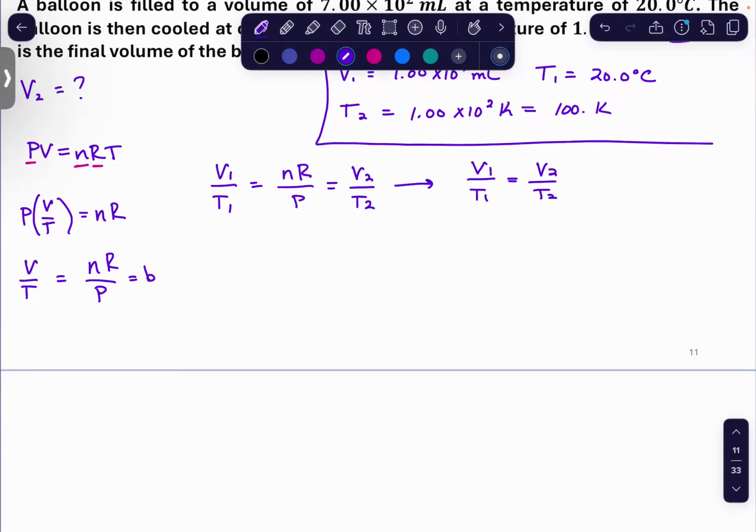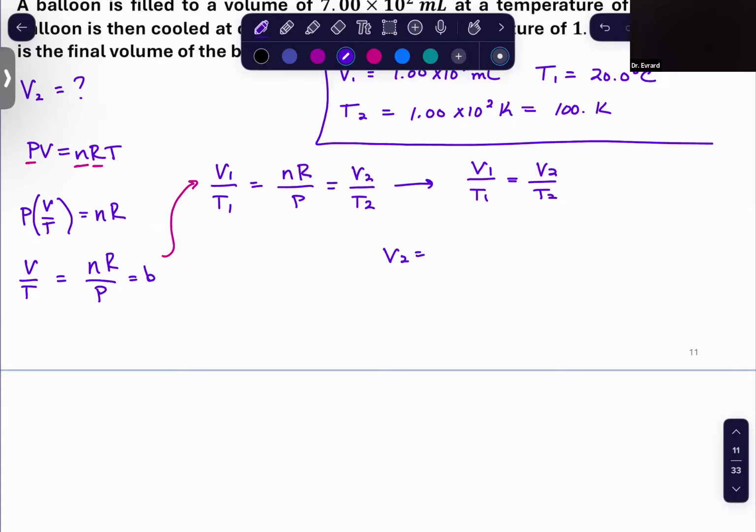Okay? And so now we have the formula that we need. We need to solve for V2. So I'm going to move that around to get V2 is going to be V1 times T2 over T1. And then from here, I can plug in numbers.